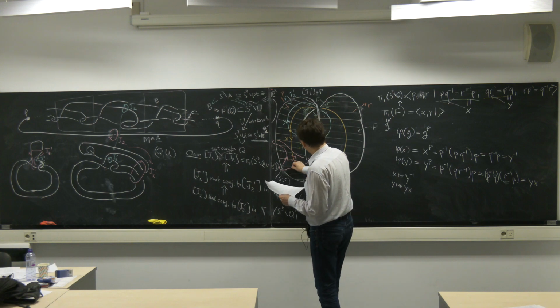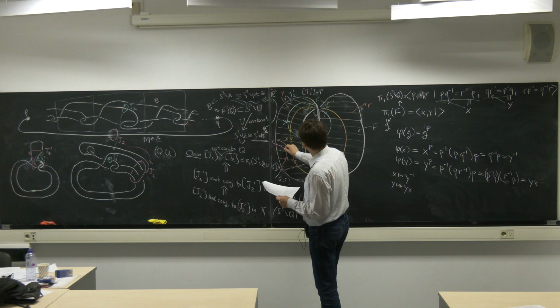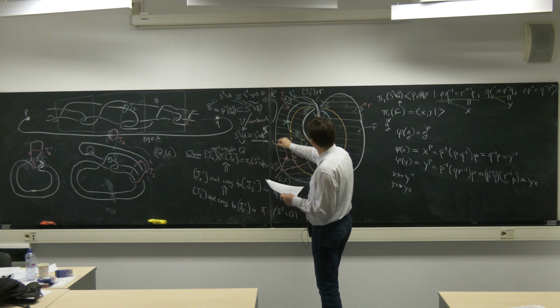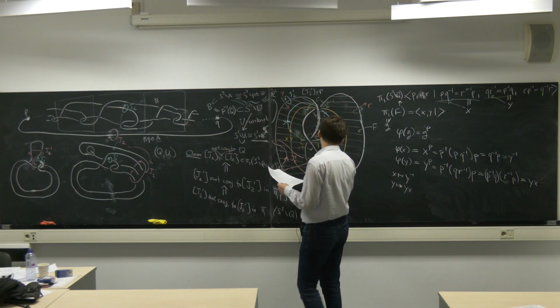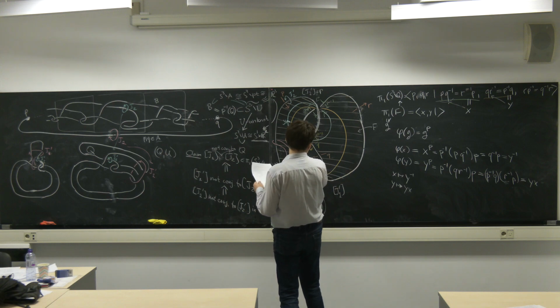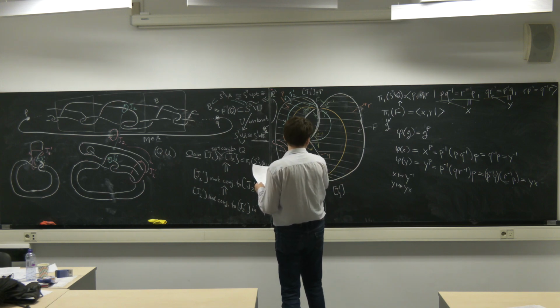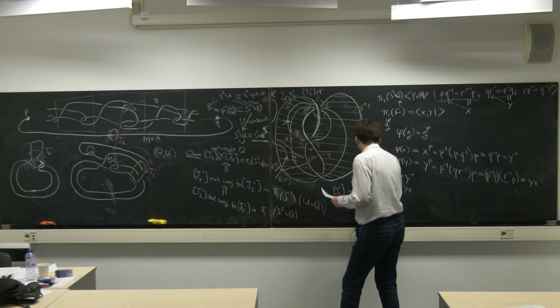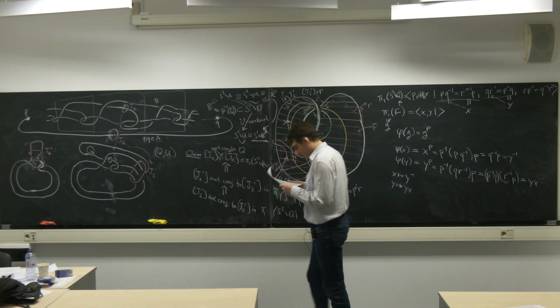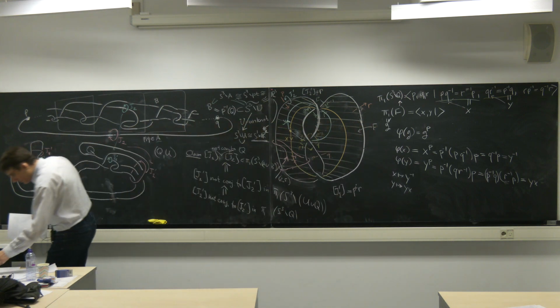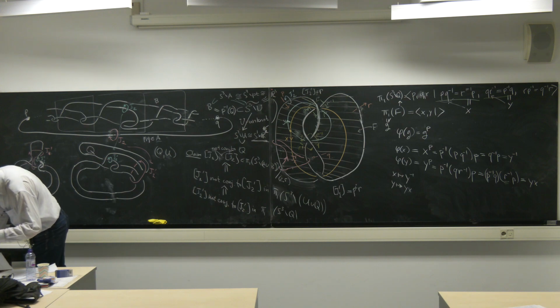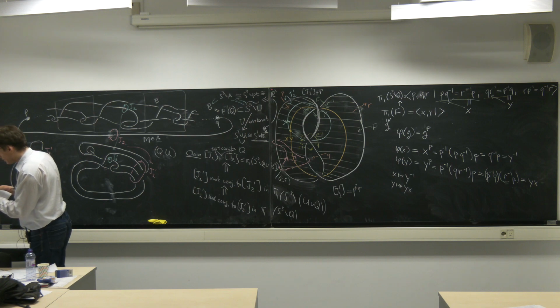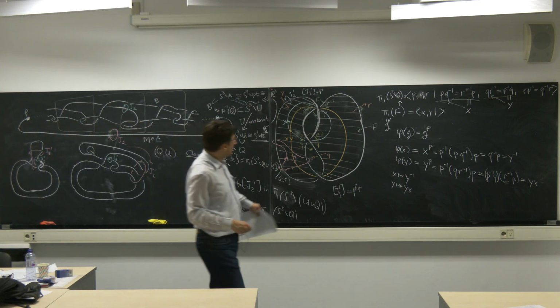If we start here, for example, then it's again P, then P, so P squared, and then here is R. So it's P squared R. No, it should be P squared R inverse.